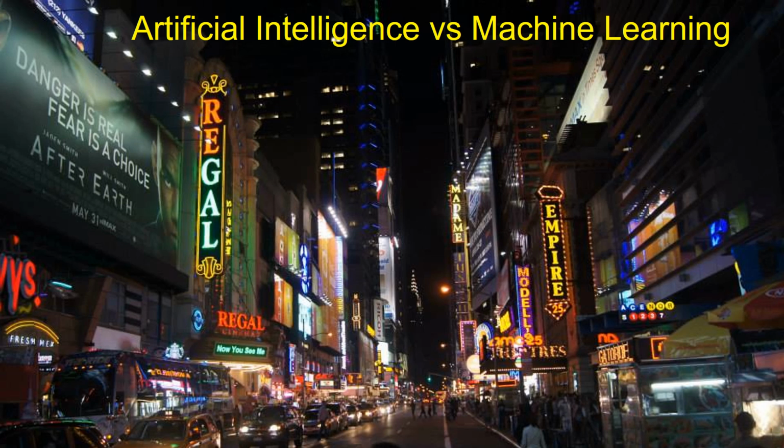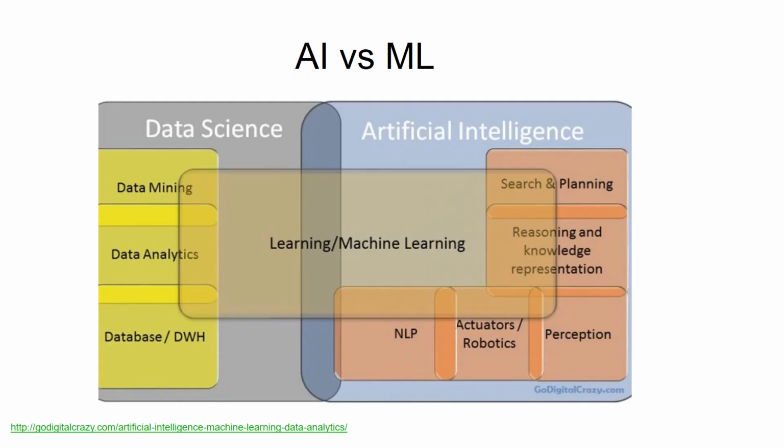Now let me give you an explanation or a brief understanding of what is the difference between artificial intelligence and machine learning. So this picture shows a rough idea of various components involved in artificial intelligence and components involved in data science, and where learning or machine learning comes into the picture. The picture is very much self-explanatory.